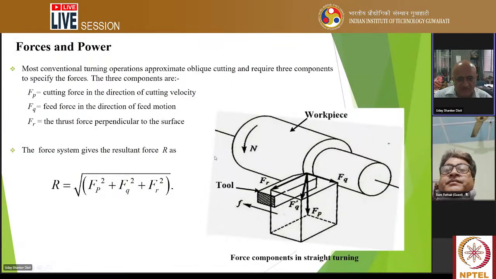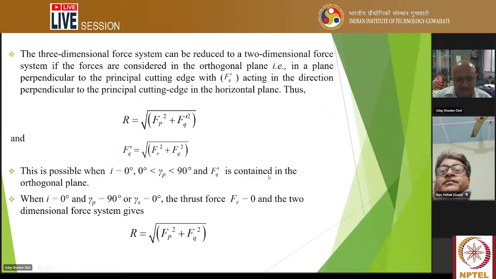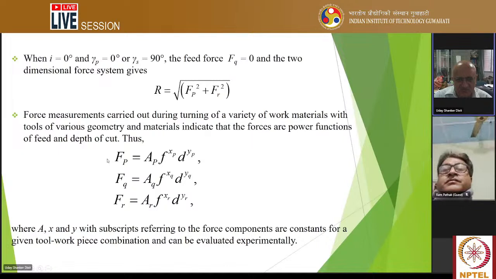Okay, and in the three-dimensional case, you will have three components of the forces, and this is the resultant one. Generally these are empirical expressions, that Fp is dependent on a constant times feed and depth of cut raised to some powers, and similarly Fq, and then this is Fr.